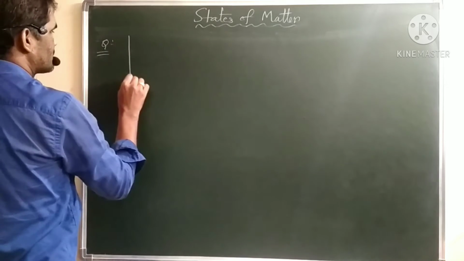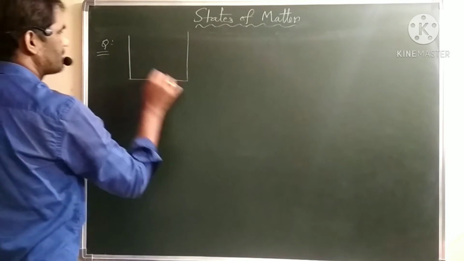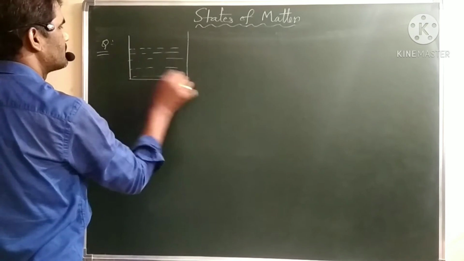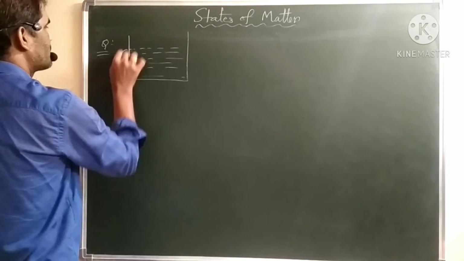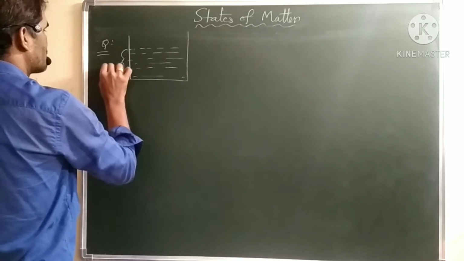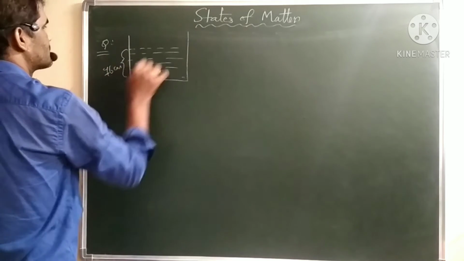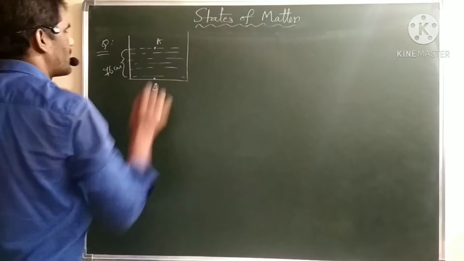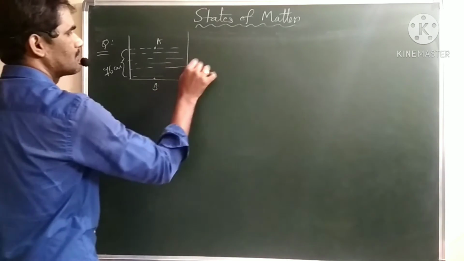A vessel which is filled with mercury, and the height of the mercury is 76 centimeters. This is point A and this is point B, and this is mercury liquid.